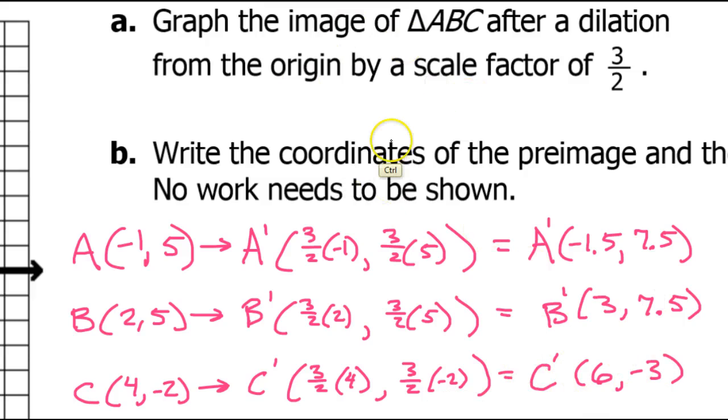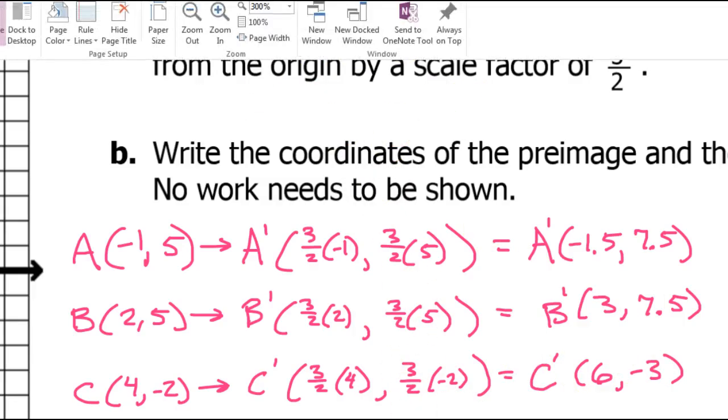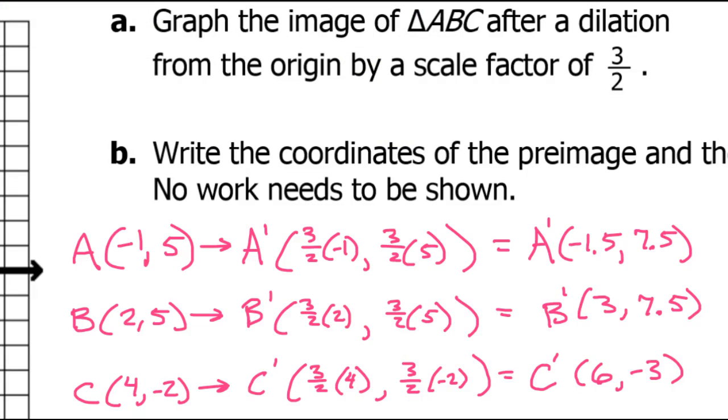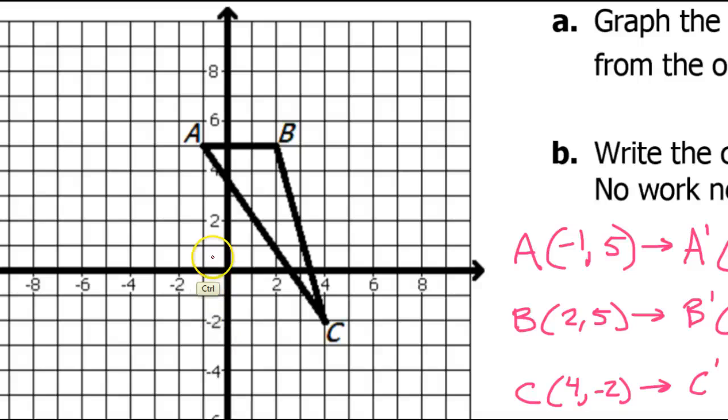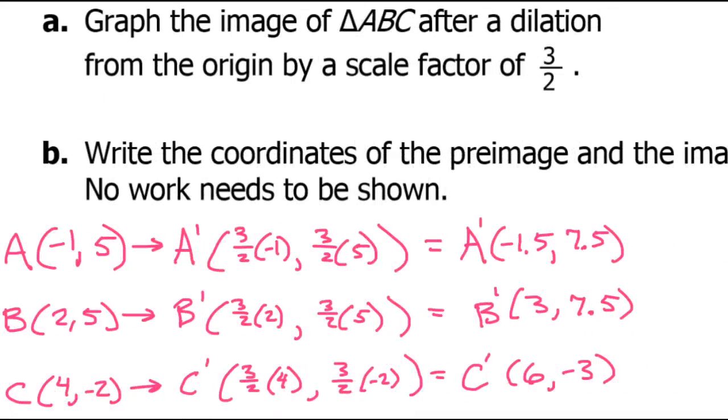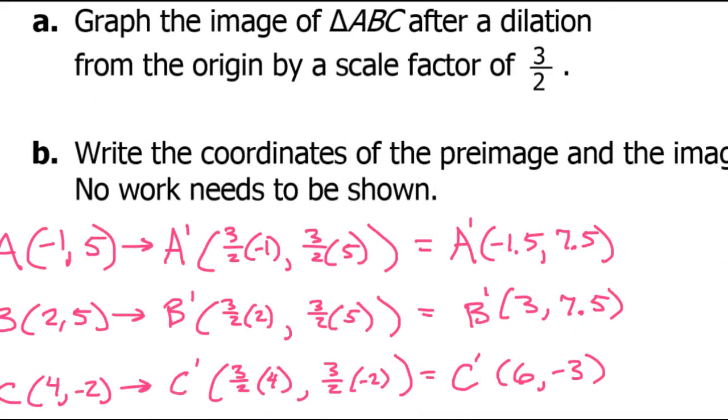So now it's just time to do the graph. Okay, I'm going to change to a heavier ink. So A prime, I have -1.5, 7.5. So here's -1.5, and here is 7.5. All right, so this will be the point A prime. Okay, B prime is 3, 7.5.